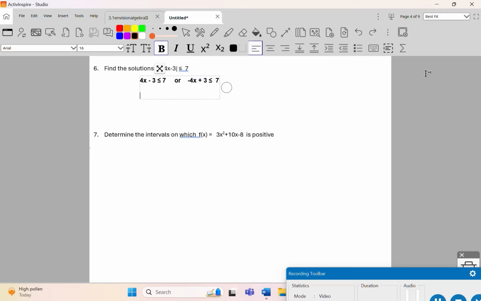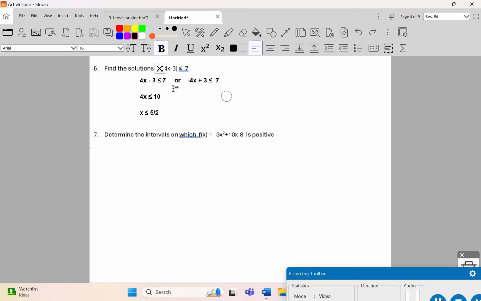Let's see what we get here. If we add 3 to both sides on the first equation, we will have less than or equal to 10. Divide by 4, and x is less than or equal to 5/2 because you can simplify fractions.